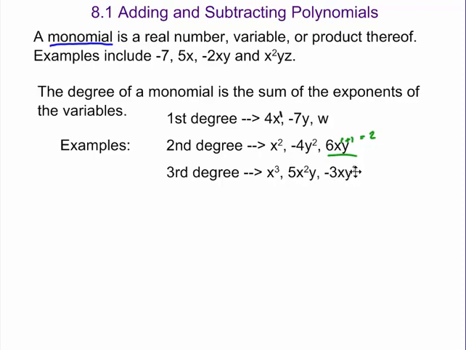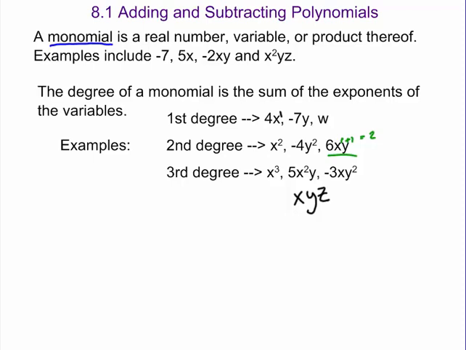And then here 1 plus 2 is 3. I could also have x, y, z. One variable, or first power, first power, first power. 1 plus 1 plus 1 is 3. Those are all to the third degree. Okay, so these are first degree monomials, second degree monomials, third degree monomials.